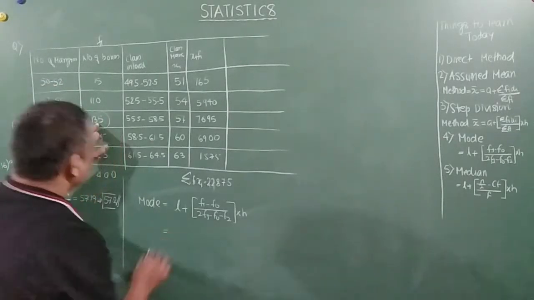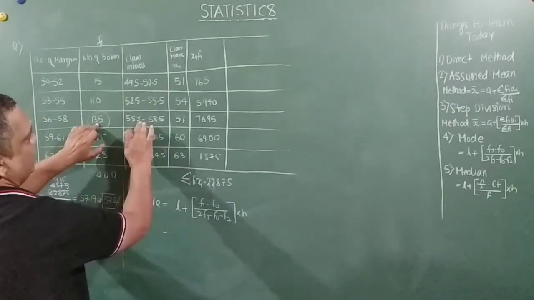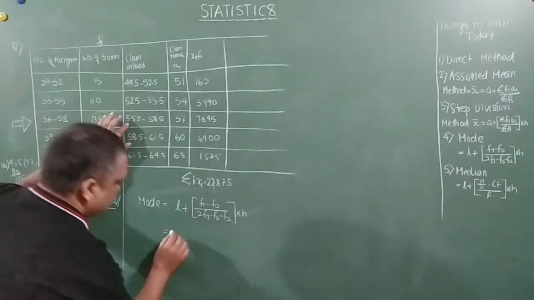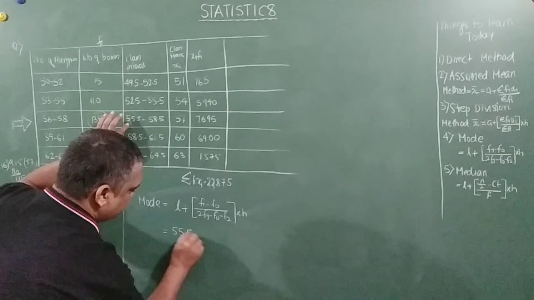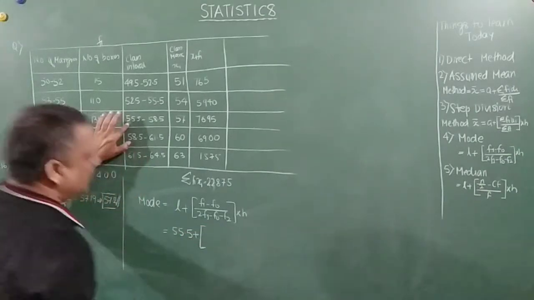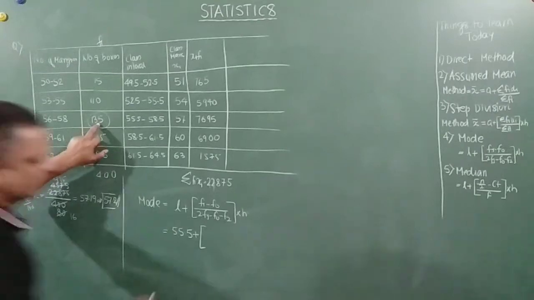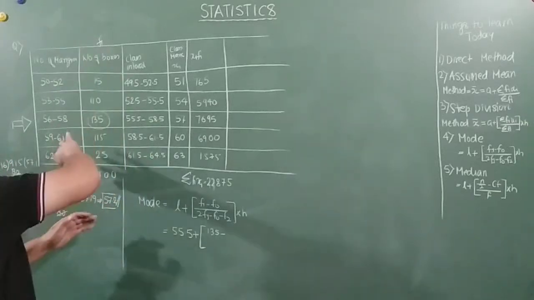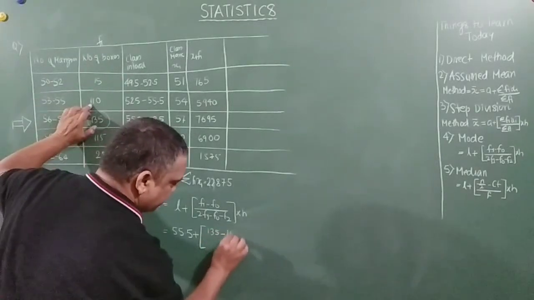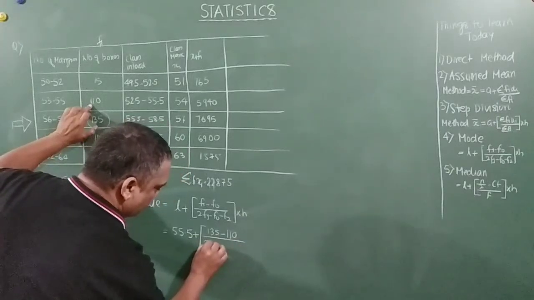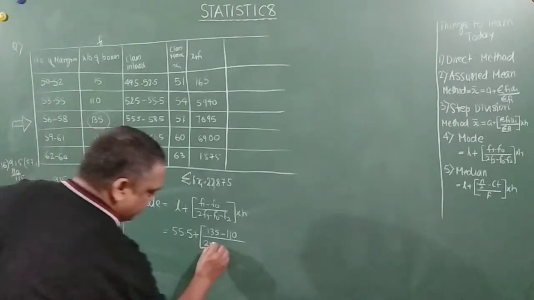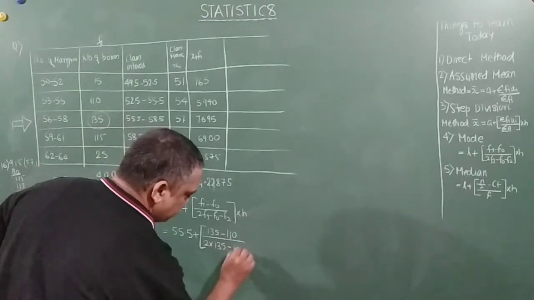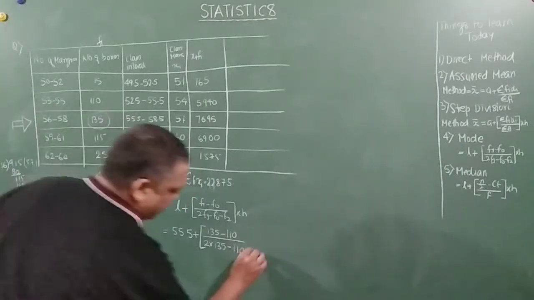So F1, that is the frequency of the modal class, is equal to 135. First of all, the lower limit of the modal class, I have to consider this, not this. Please pay attention. This is 55.5 plus F1, that is 135, minus the frequency just before the modal class, that is 110, divided by 2 into the frequency of the modal class, that is 135, minus just before 110, minus just after 115.